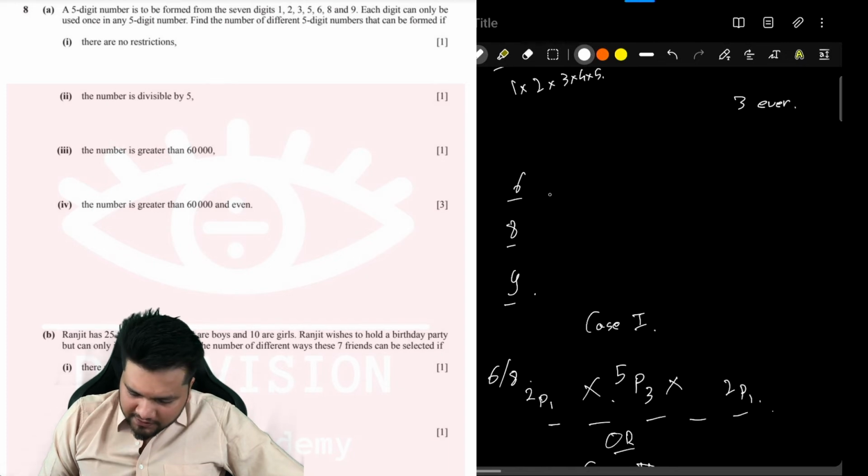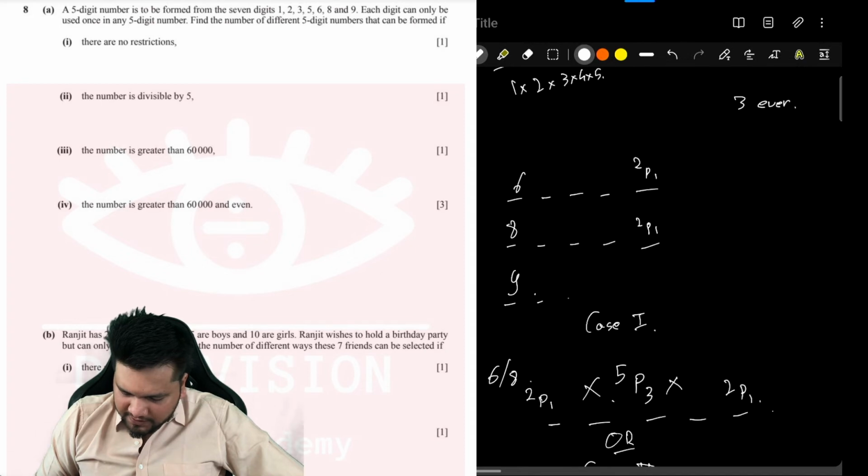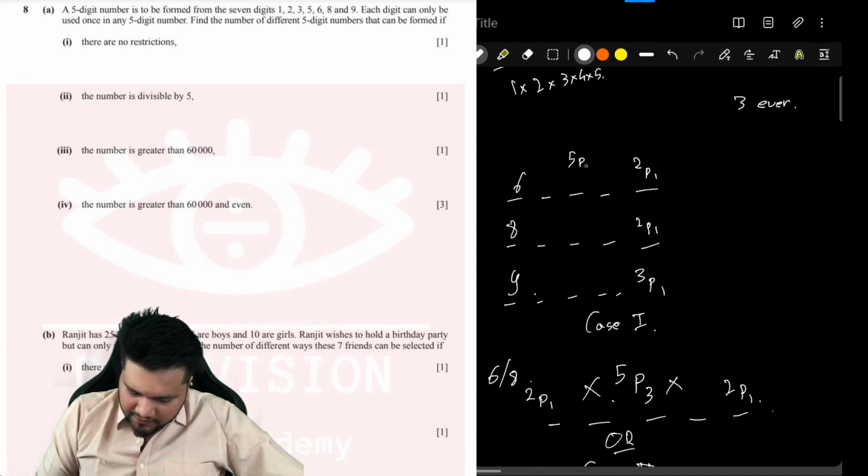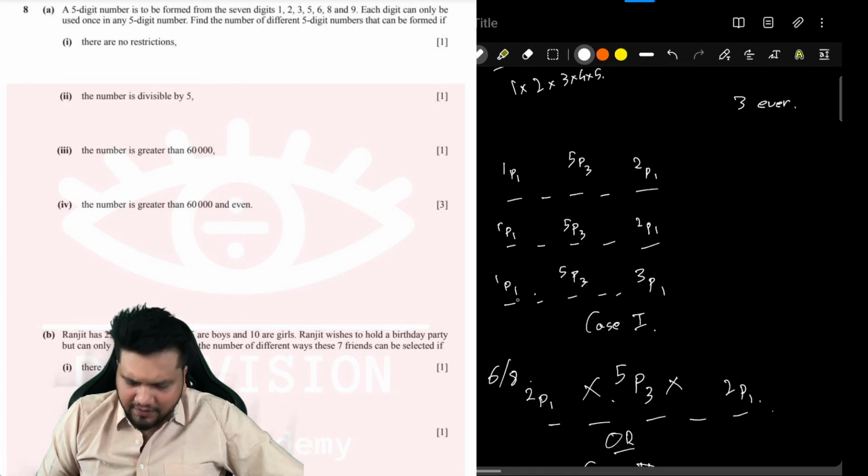If the number is starting with 6, then for the fifth digit there are only 2 even numbers left, so it's going to be 2p1. Starting with 8, again 2p1. Starting with 9, then 3p1. Here of course 5p3, 5p3, and 5p3. So here we are forming 3 cases, with 1p1 for the first digit, or you can write 1 as well.